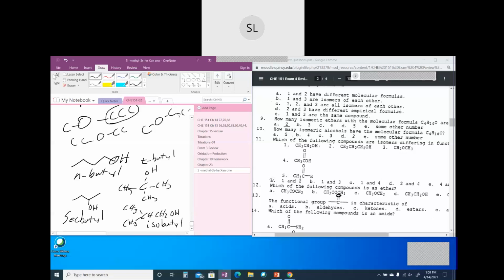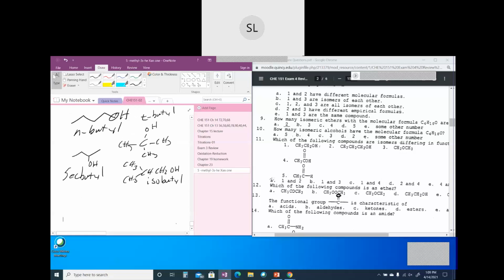So there are 4 isomeric alcohols: N-butyl, isobutyl, sec-butyl, and T-butyl. Those are your 4 butyl groups.